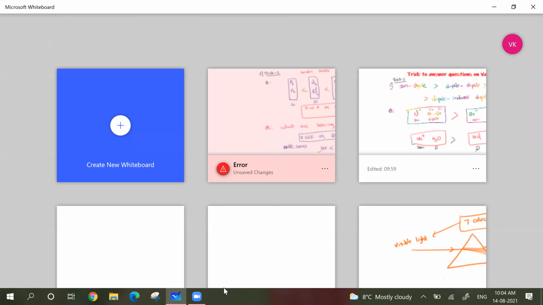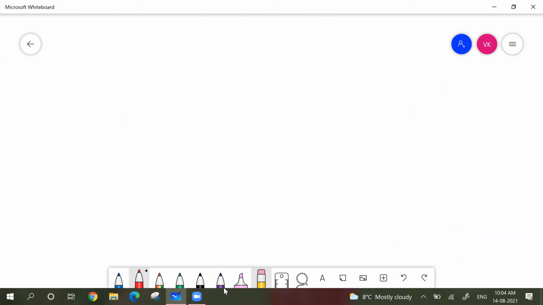Let us see one more question here. Third trick I'm going to explain. Compare the van der Waals forces in n-pentane, isopentane and neopentane.